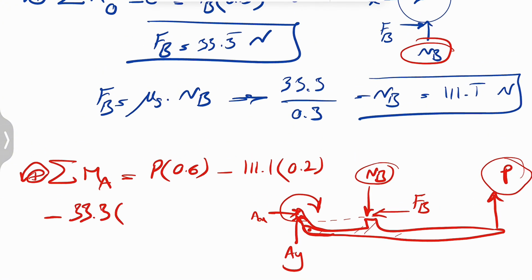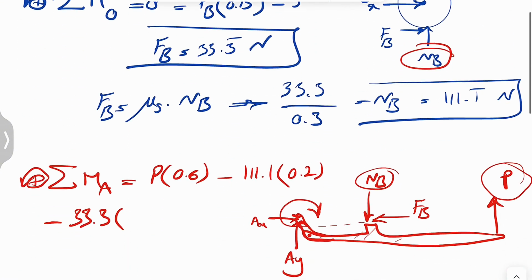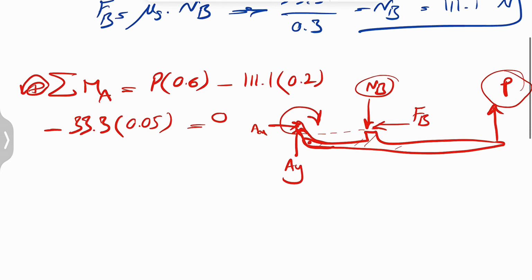FB is here, and the distance is this little distance that we have, the vertical distance from A to the line of action of the force. This distance is 50 millimeters or 0.05 meter. And this will be equal to 0.